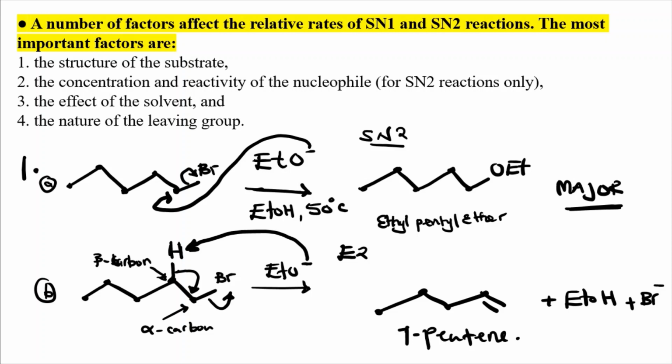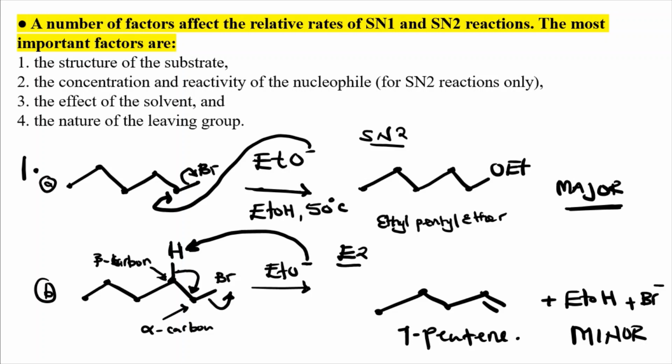It was a strong base and it was not a bulky base. So the ethyl pentyl ether will be the major product, and the 1-pentene will be the minor product. So those are the two products that are formed from the first compound by SN2 and E2 reaction mechanisms.